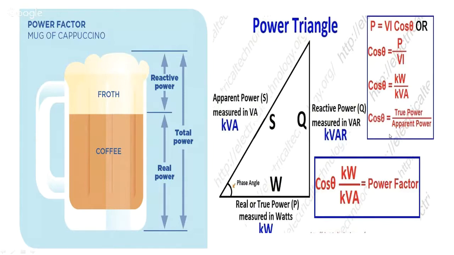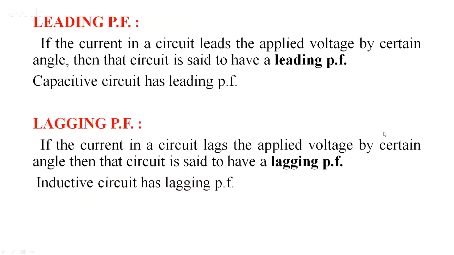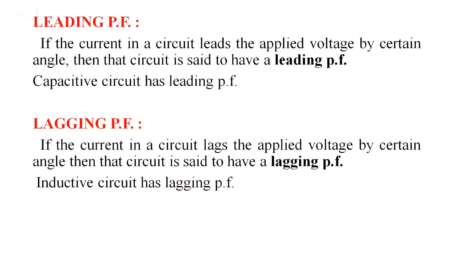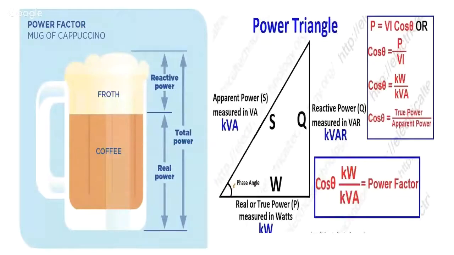So the power factor must always be high. It should be nearer to 1. Greater than 0.9 is always preferable, because if the power factor is less, then there are a lot of disadvantages.